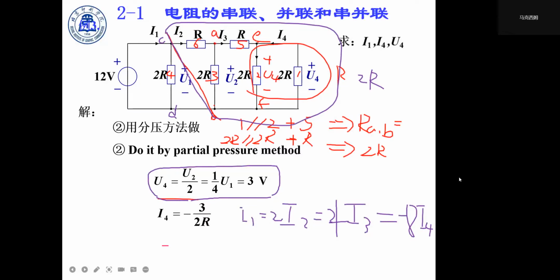So this is how we do this example. The main point is still to simplify the circuit using the relationship of parallel and series connection. This is what this example is about.